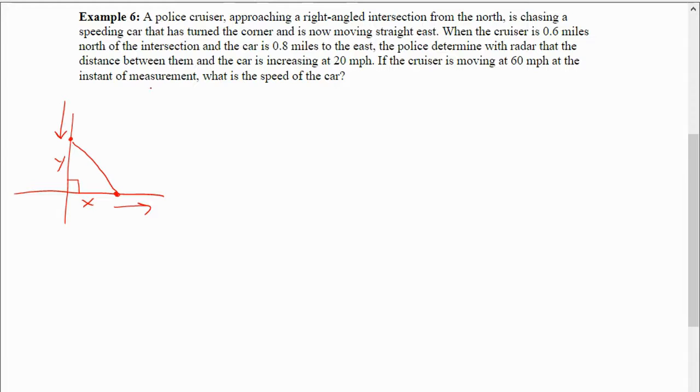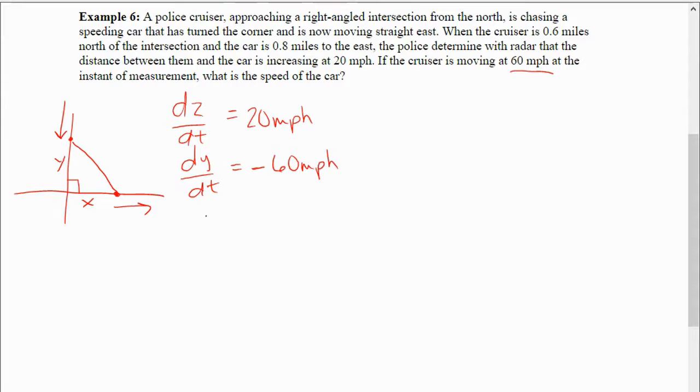So what we know is that the distance between them, it says, is increasing at 20 miles per hour. Then dz/dt is 20 miles per hour. If the cruiser is moving at 60 miles per hour, so the cruiser is moving in the y direction and specifically negative, so dy/dt is negative 60 miles per hour.